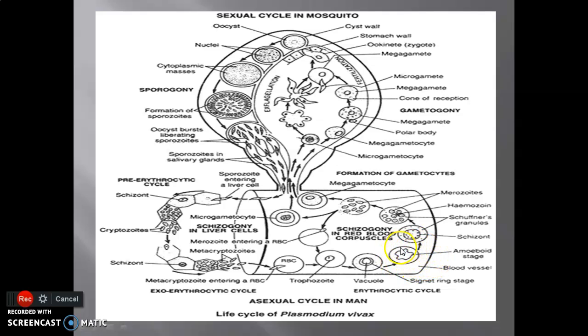This amoeboid stage changes again to schizont, and there you can find small granules, and these small granules are called as Schuffner granules. Schuffner granules are formed due to change in structure of amoeboid stage.